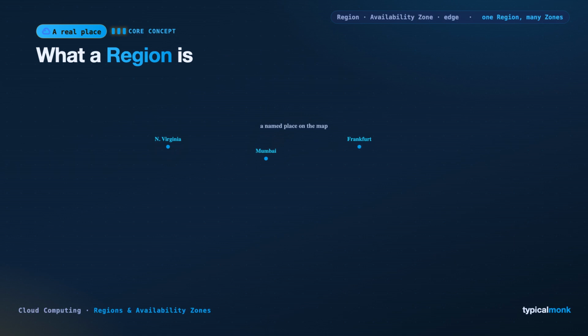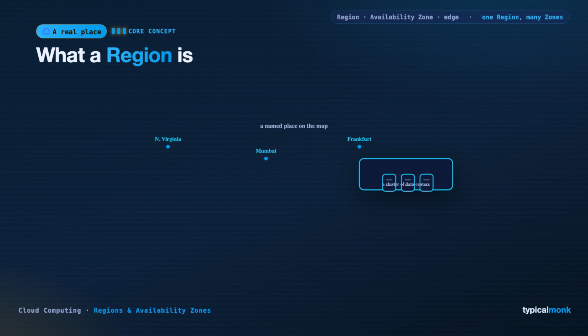A region is simply a large geographic area where Amazon Web Services has built its infrastructure, a named place on the map like Northern Virginia in the United States, or Mumbai in India, or Frankfurt in Germany. When you launch a server on the cloud, you are always launching it inside one specific region.